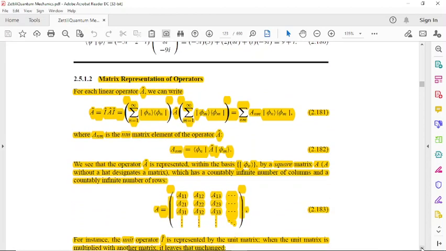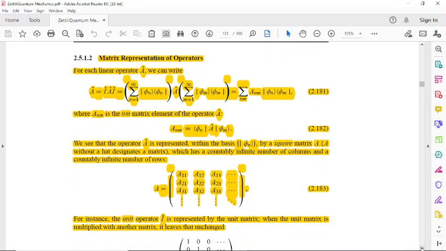Then, matrix representation of operators. For each linear operator A, we can write A equal to I A I. That is, we are multiplying A using the unit operator on both sides, left side and right side.